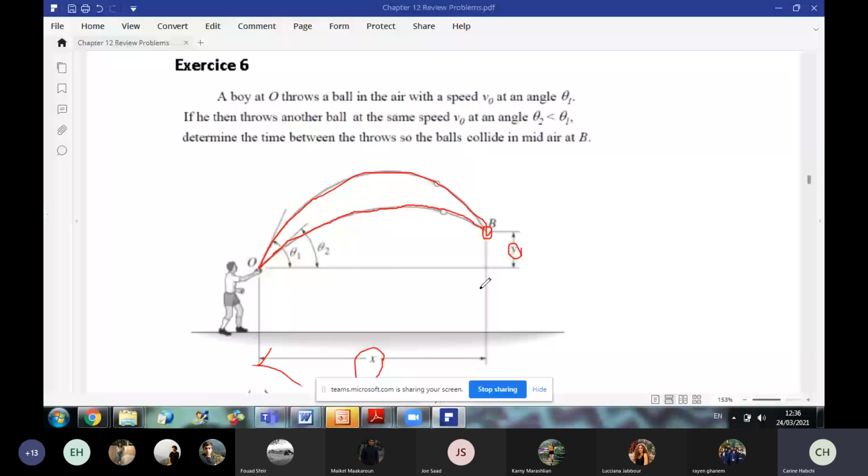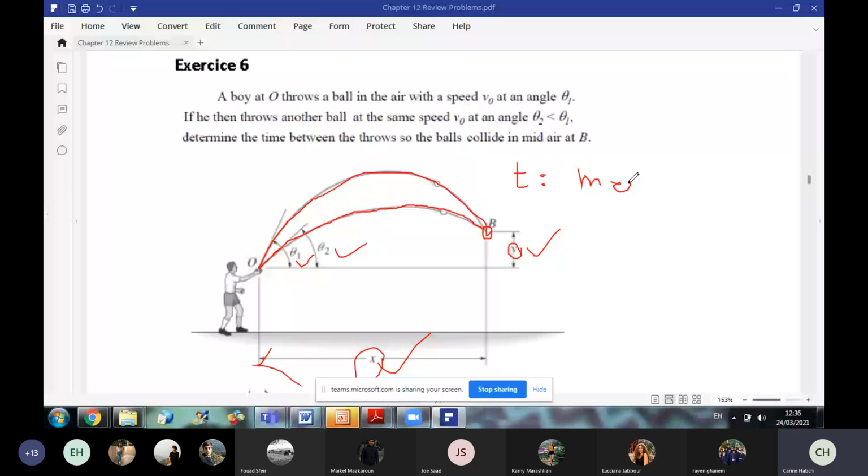Here x and y are given, and theta 1, theta 2 are also given. We have two unknowns. The first unknown is t, which corresponds to the meeting time. We don't know it.